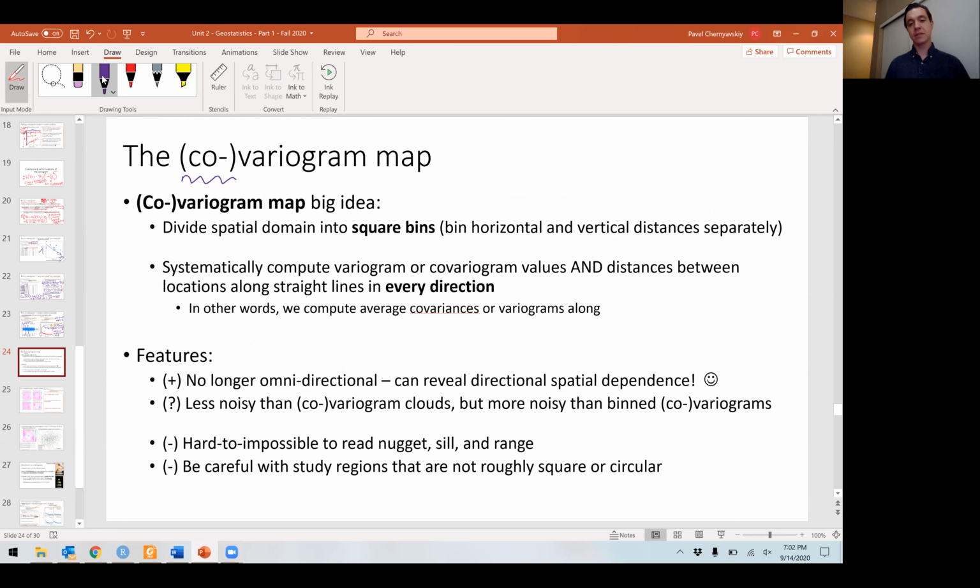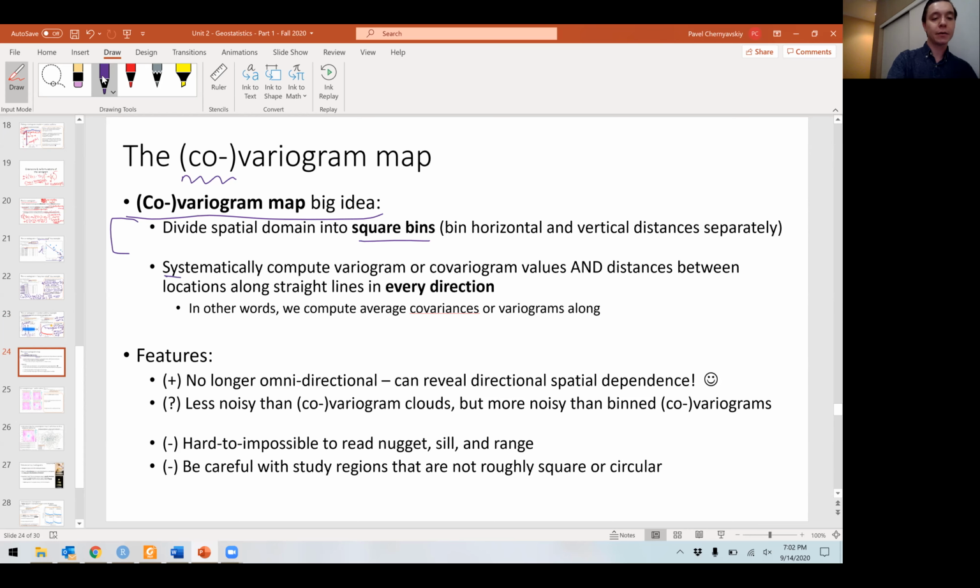So the big idea in a covariogram map is we're going to divide our spatial domain, London, the state of Colorado, whatever we're doing, into square bins, and then systematically traverse the region in every possible direction, and bin either variogram values or covariogram values in those directions. I'll give you a picture in just a sec.